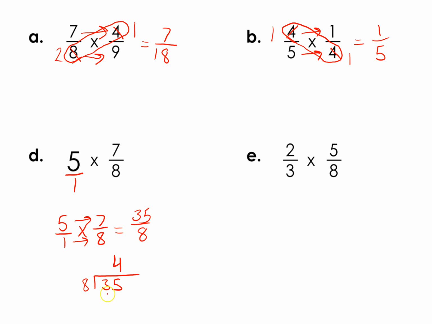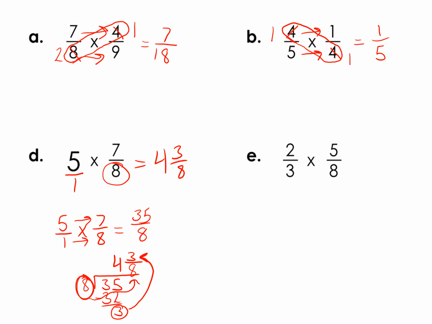So that's the whole number 4. That's 32. Subtract gives us 3. And then this remainder becomes our new numerator, and the denominator stays the same. It was 8, it stays 8. So our answer is 4 3/8. So the remainder became our numerator, and the denominator was our divisor.